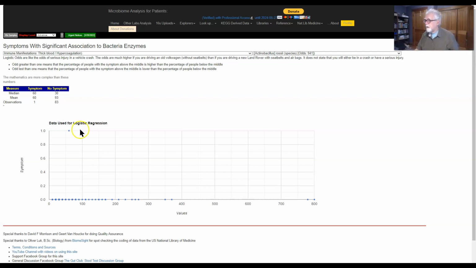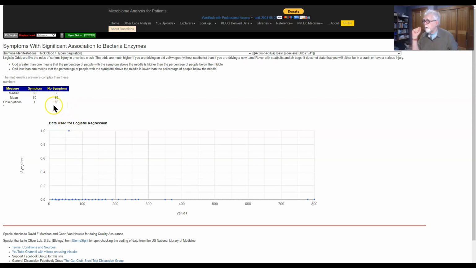You don't have enough samples where they have the symptoms. And what I need to do is exclude the 941 from the list, just because it is a single thing. We don't have enough data.